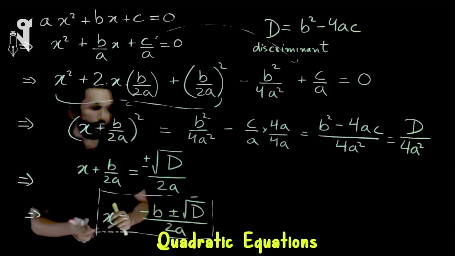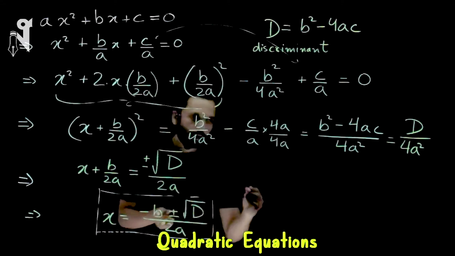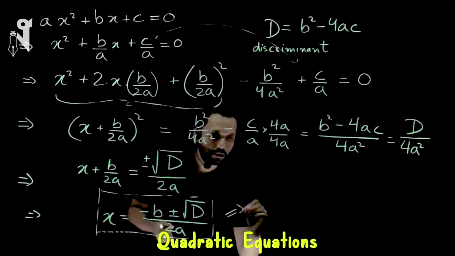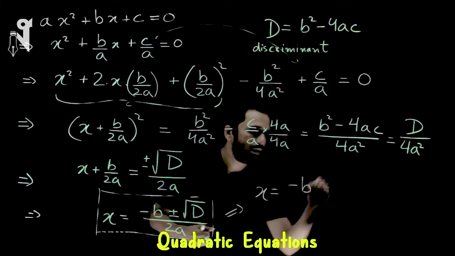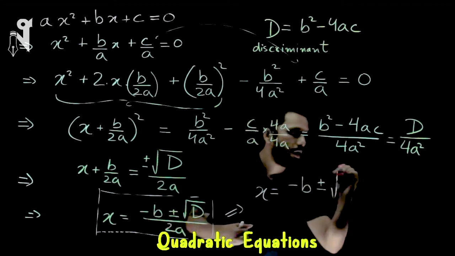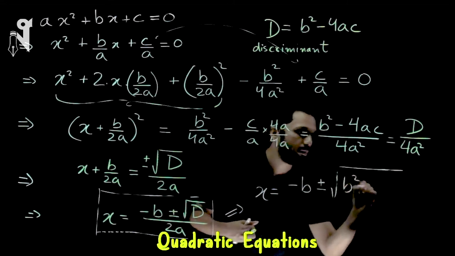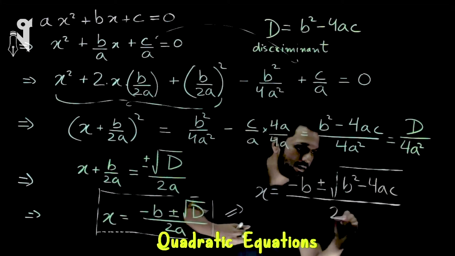D I had used for convenience. Just to make it look like a cool formula, I'm going to write the D back. So what I've got is x is equal to minus b plus or minus, so there are two answers written in one go, under root of b square minus 4ac, divided by 2a.